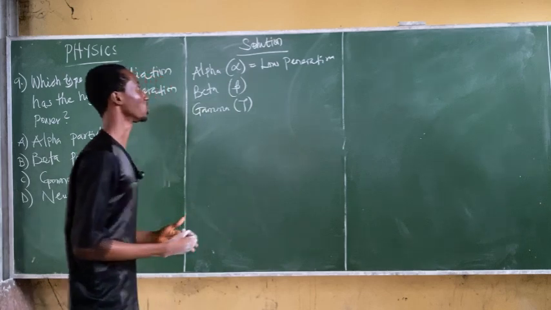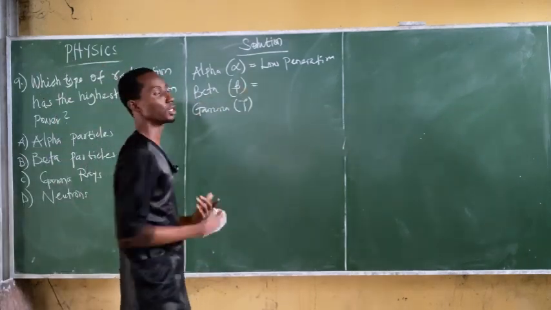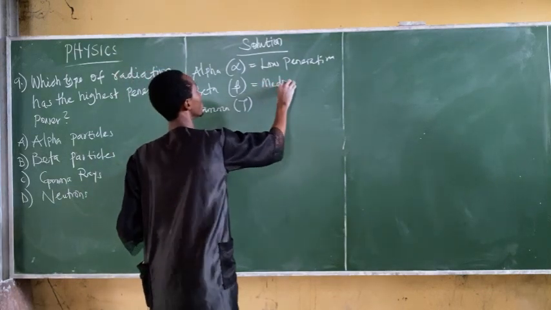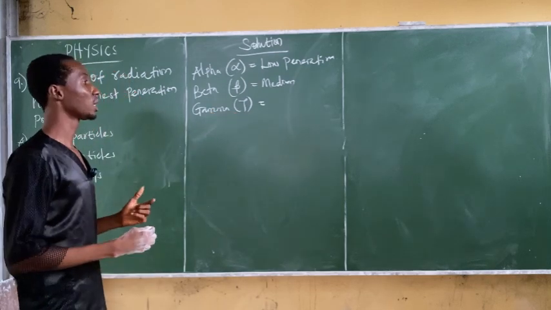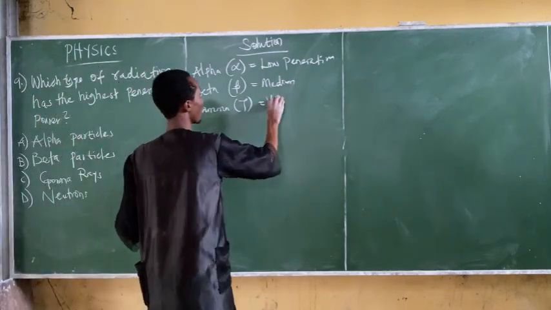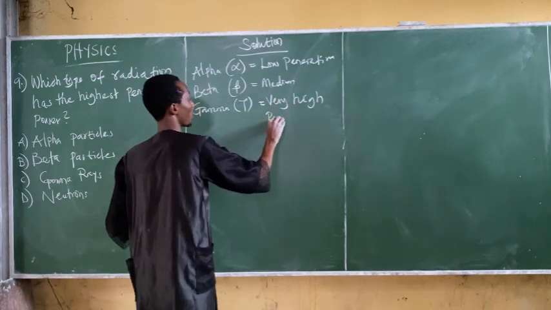It has low penetration power. The beta particle, it has a medium penetration power. Medium. For the gamma rays now, the gamma rays has very high penetration power. Very high penetration power.